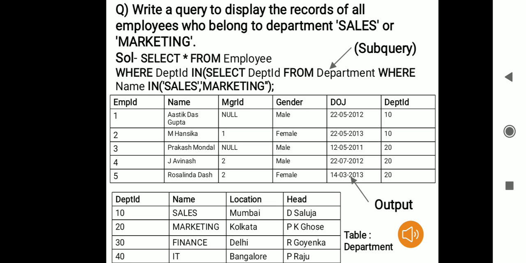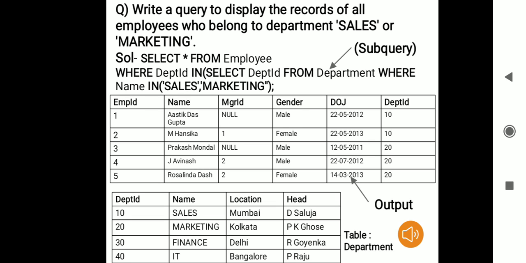Now if we look at the department table for name as sales and marketing, the corresponding DPT ID are 10 and 20. That means for name as sales, the DPT ID is 10, and for name as marketing, the DPT ID is 20, as can be seen in the department table.